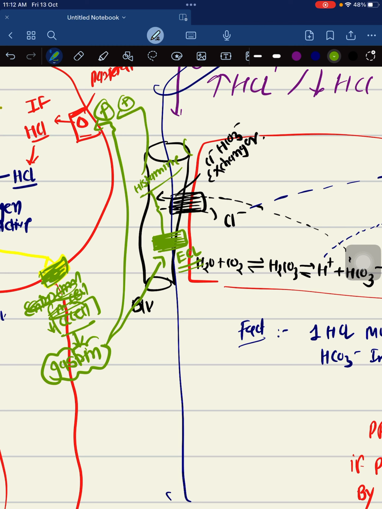And histamine is the most potent HCl secretion stimulator.